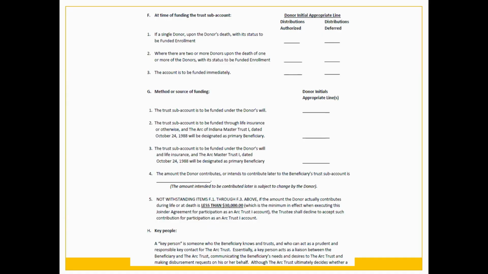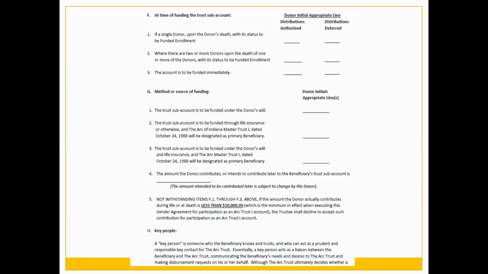In sections F and G, we are asking these questions so that they will help inform us when we should anticipate the trust being funded, how the trust is going to be funded, and if you would want the funds in the trust to be used at the time of funding. So the difference between distributions authorized and distributions deferred is if you would want disbursements to be able to be made once the trust is funded, and that's called authorized.